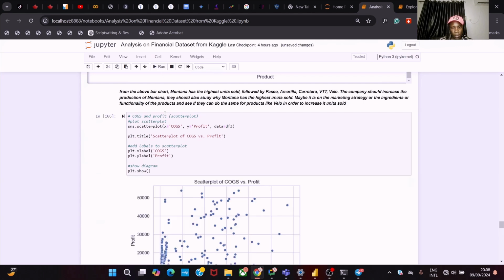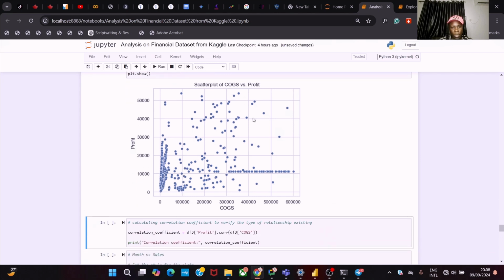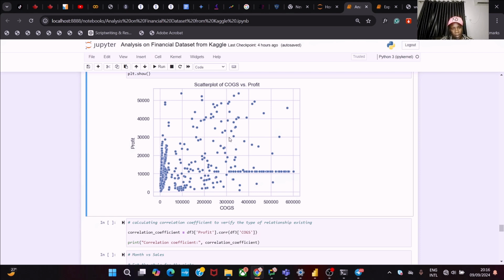So when we go ahead and run this, as you can see, we have our scatter plot here. Now, when we want to read this scatter plot, you look at it, visualizing cost of goods sold versus profits. When you study it properly, you will come to realize that there is little or no relationship between cost of goods sold and profit.